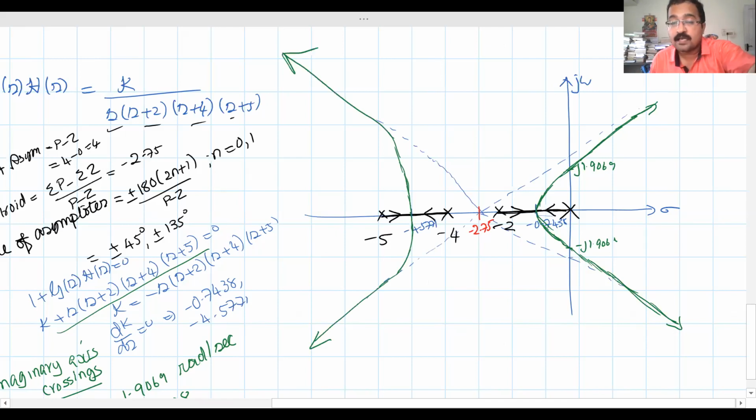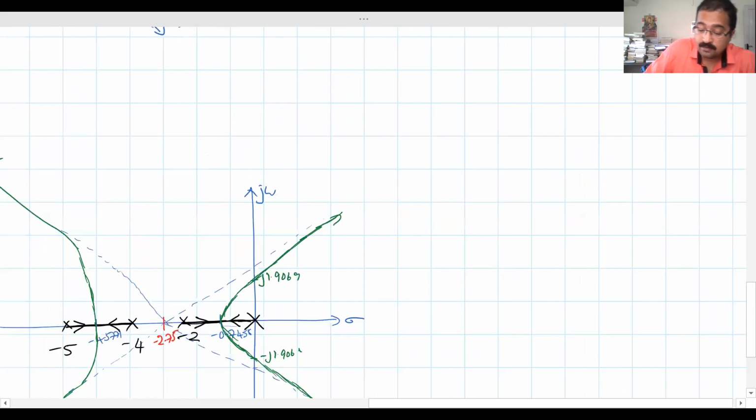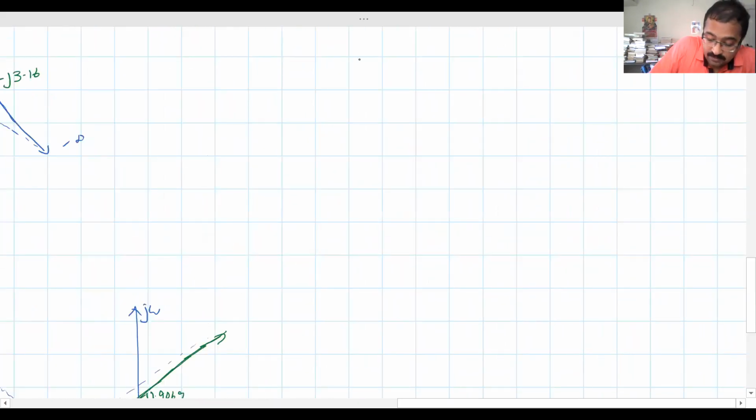So what is the conclusion from this? First case, G(s)H(s) was K by s. How was the root locus? Something like this. We had an open loop pole here, so your root locus was lying along the entire negative real axis.